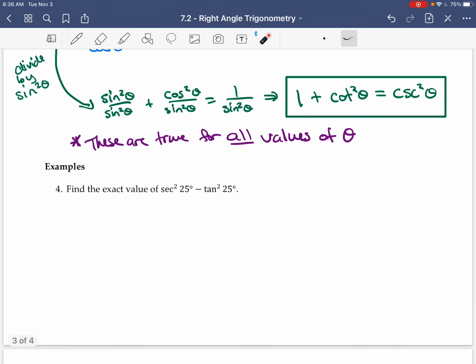So you can use this to find some exact values. So here we have secant squared of 25 degrees minus tan squared of 25 degrees.